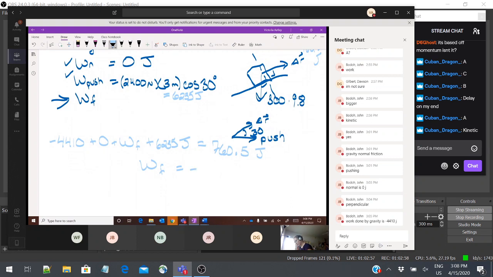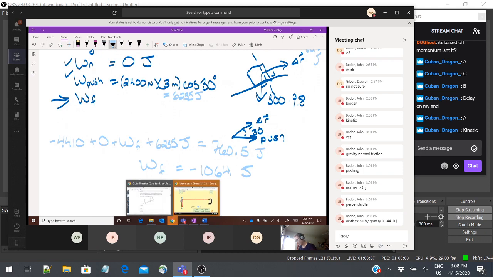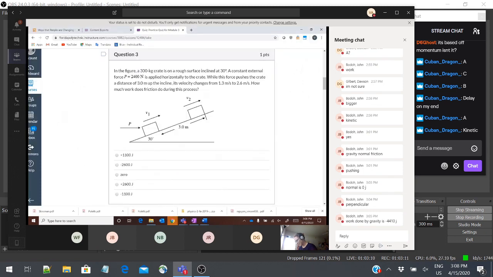And I get negative 1064 joules. Negative, which is good. We expect friction to be doing negative work. Hopefully that's one of the choices. That's pretty close. Some pretty severe rounding going on, but I think that's it.